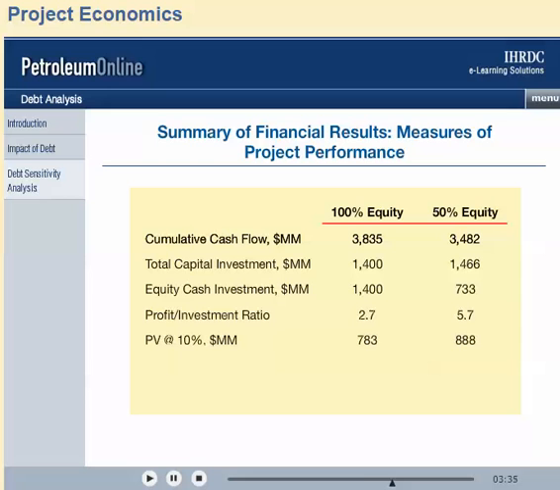The present value, discounted at 10%, is higher for the leverage case, $883 million, as opposed to $783 million for the unleveraged case. The internal rate of return is 21% on the 100% equity case, but 29% for the 50% equity case. Remember, though, that the higher return is being achieved on a smaller amount of equity.